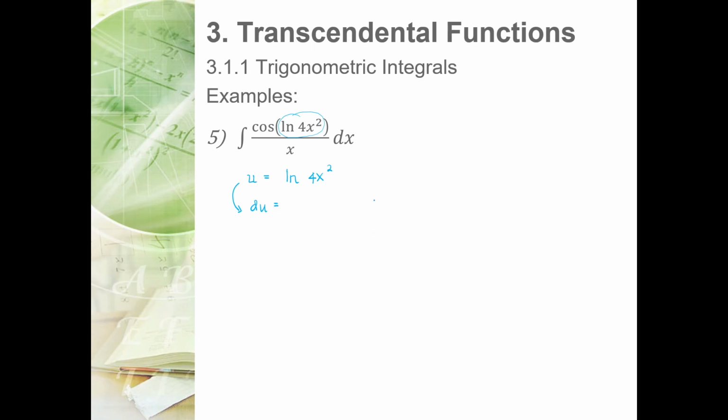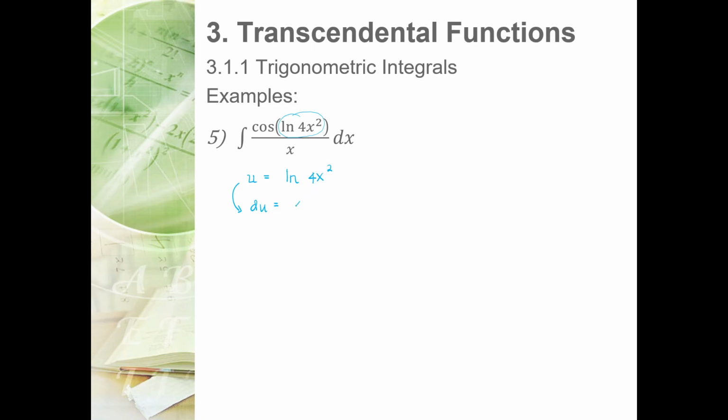Okay, so if you try to recall your derivatives, the derivative of ln is du over u, right? So 4x squared being the u. Since the formula for the derivative of ln is du over u, we get the derivative first of the first one.